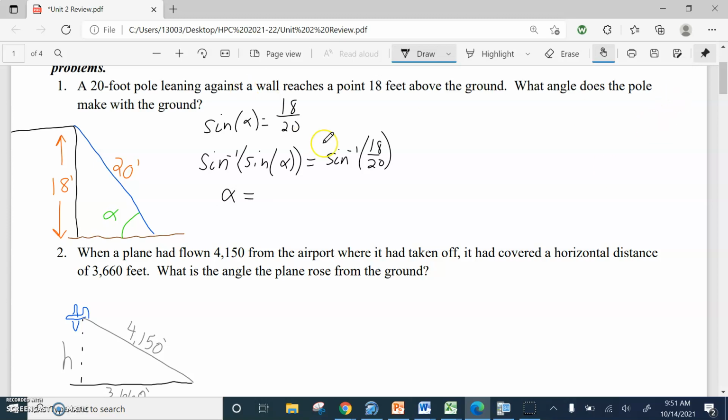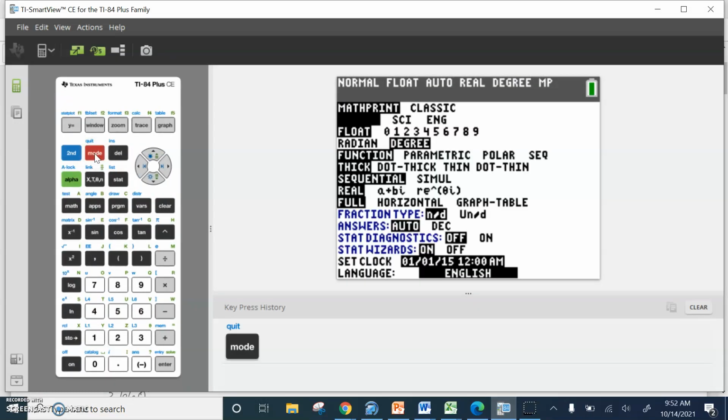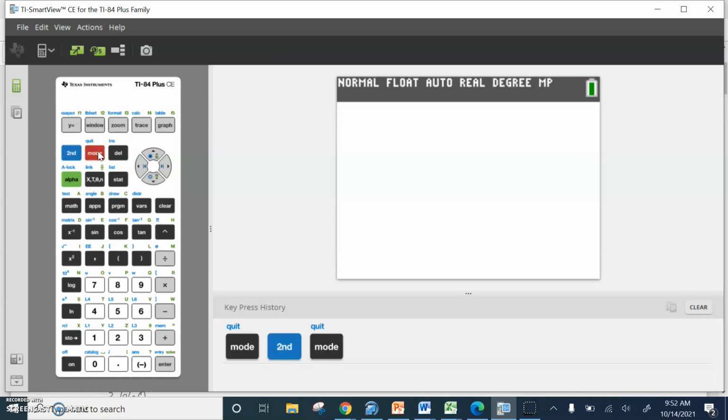And over here on the right, the sine inverse of 18/20ths will give us an angle. So let's get our calculator. The first thing we always check, at least when we get started for the day, is that we're in the right mode. Here we are in degrees mode. So we press second, and we need to take sine inverse.